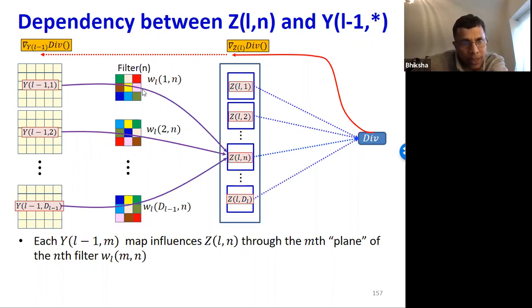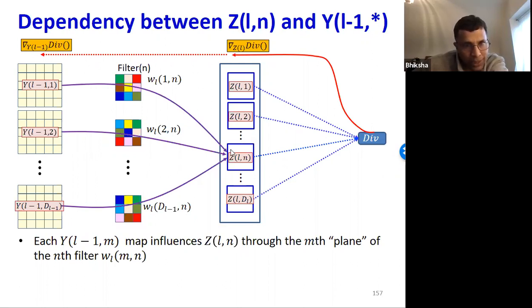So this is for the Lth layer, the subscript L represents the layer. W1n means that this is the filter map that you apply to the first map in the L-1th layer when you are computing the nth map in the Lth layer, right?